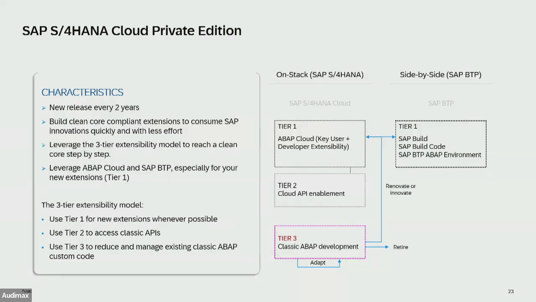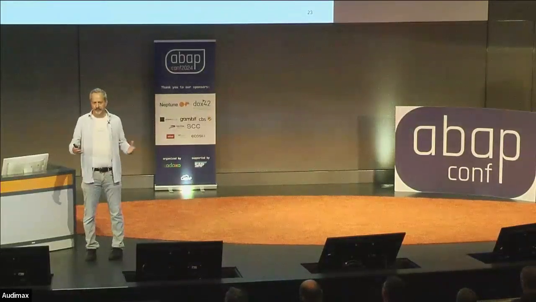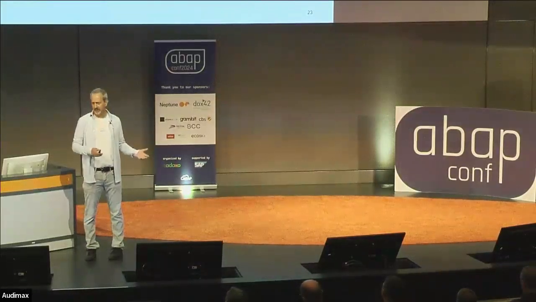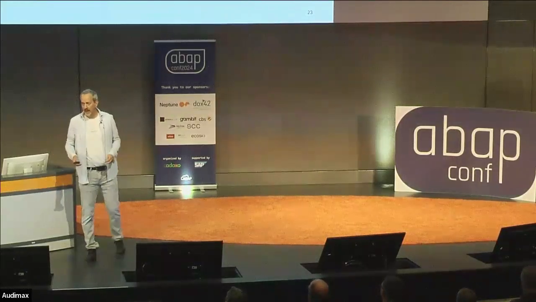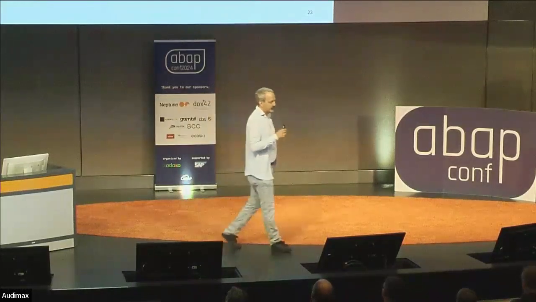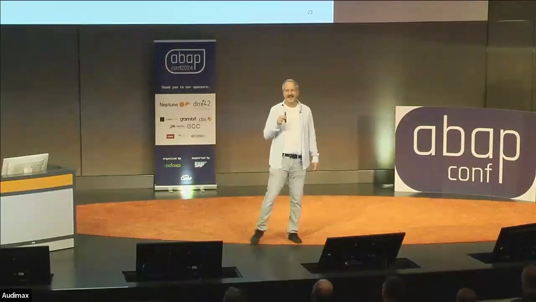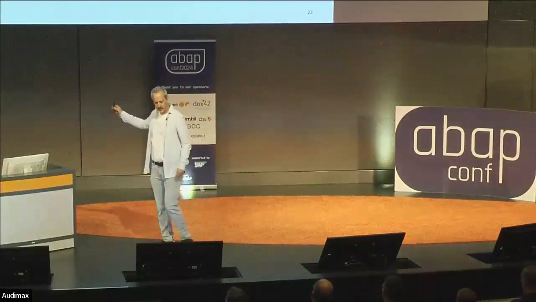So for classic APIs, for example, ABAP. And second, customers have legacy custom code. On average, they have 20,000 custom code objects per system. That's the reality, and that's why we provide the so-called 3-tier extensibility model, which shall help customers to realistically move step by step to a clean core.